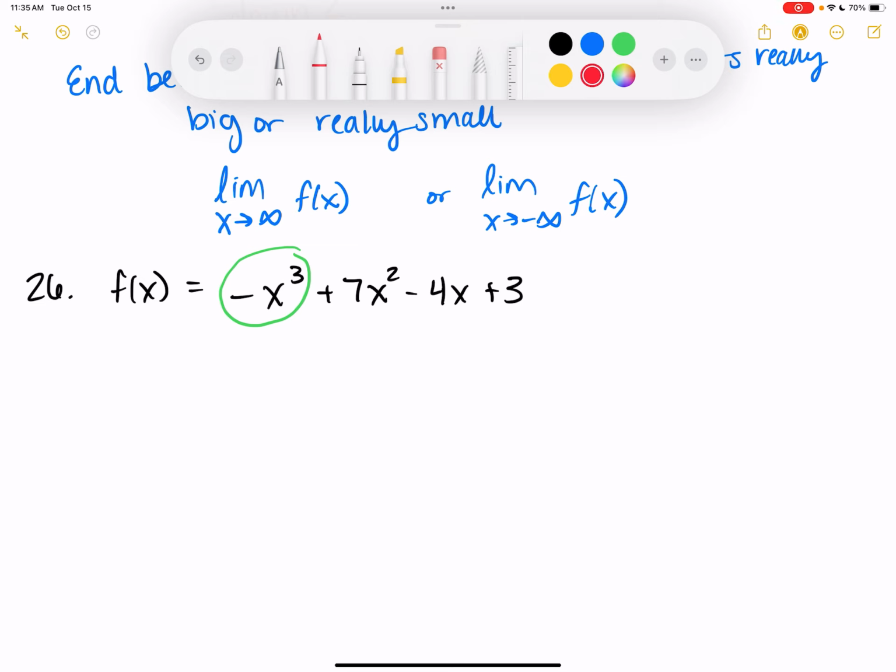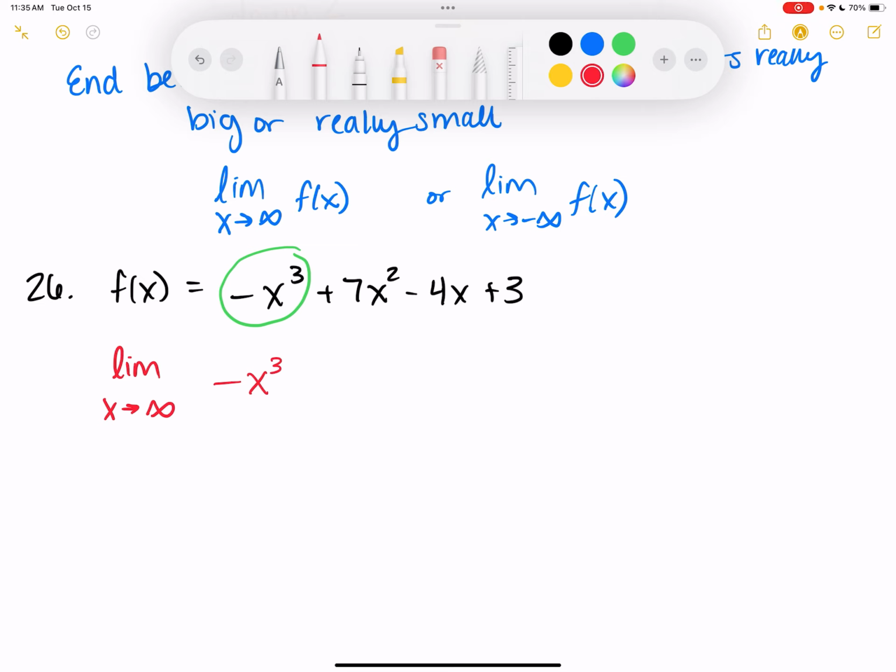So it wants me to evaluate the limit at infinity and at negative infinity. So the limit as x approaches infinity of f of x, or if you want, you can write of negative x cubed, because that's all I care about here.